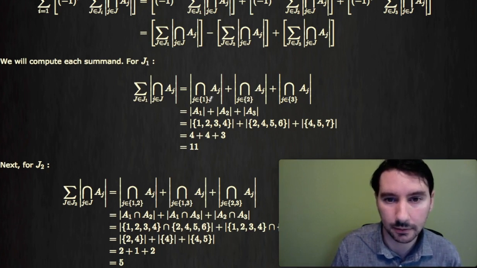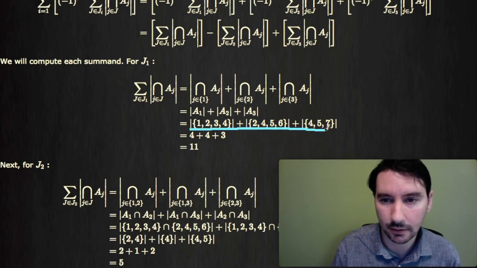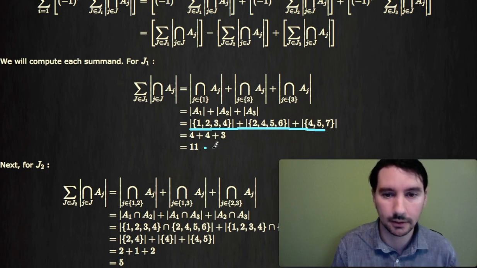So we're going to sum over the intersection of j in the set {1} only, plus the intersection over j in {2} only, plus the intersection over j in {3} only, which is, if you just intersect A1 with nothing, it's A1, A2, and A3. So we're going to add up the sizes of each of the sets. In other words, it's the size of A1 plus the size of A2 plus the size of A3, which was a 4-point set, a 4-point set, and a 3-point set. So that gives us 11.